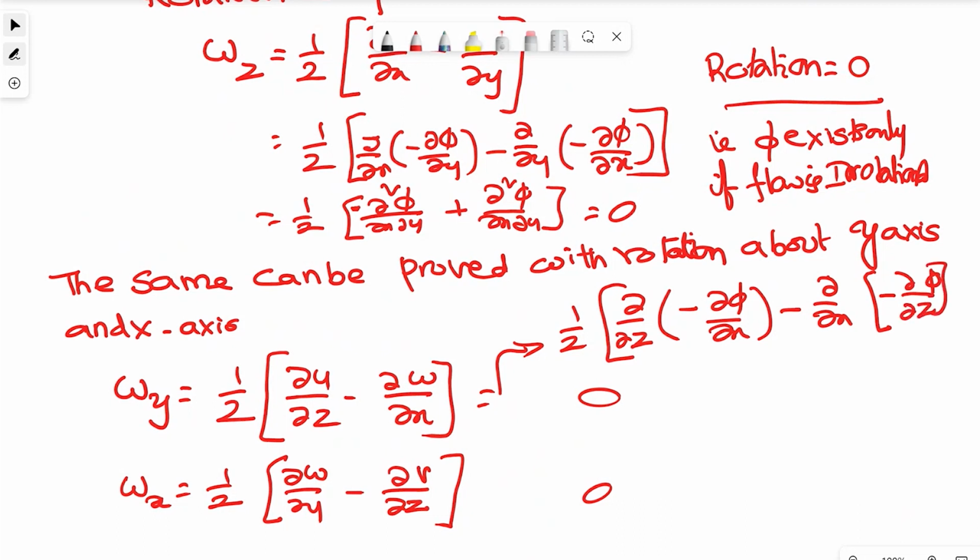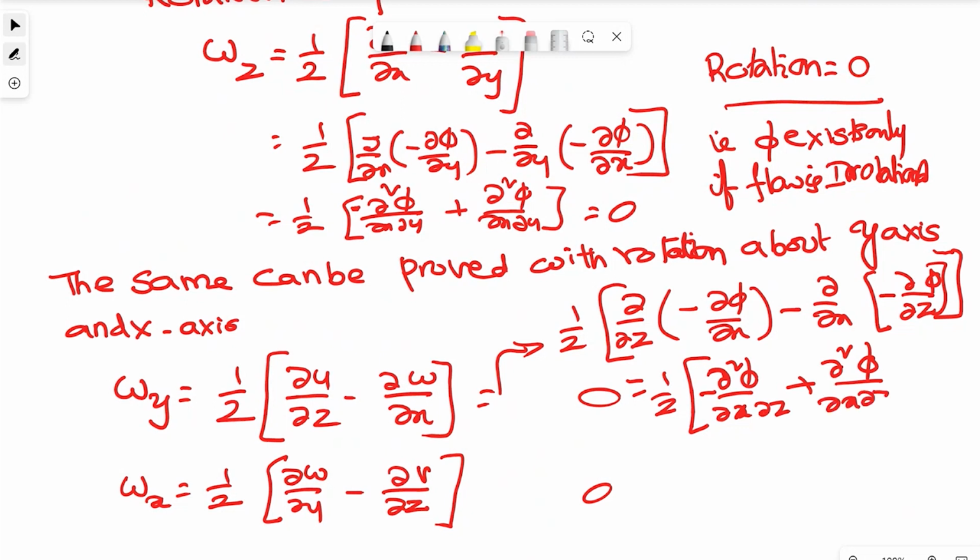See, half into minus dou square phi by dou x dou z plus dou square phi by dou x dou z. So naturally it is equal to 0. Same is the case here also.